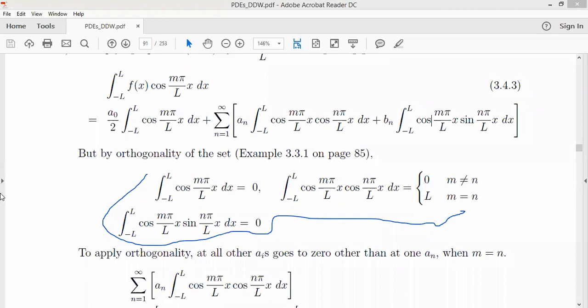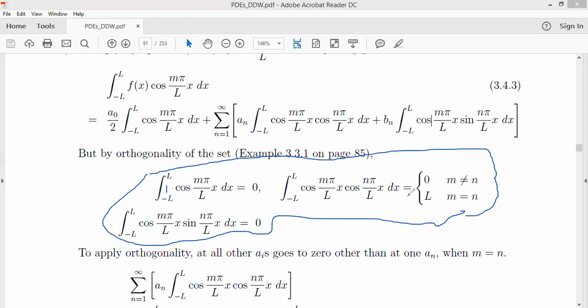By orthogonality, this one we said it is 0. Remember, there is like a 1 there. You also have sine alone, it is 0. Cos, this is where the difference is now. It will be 0 for m not equal to n, and it is L for m equal to n.